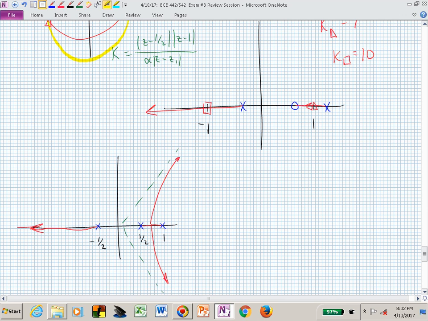And if somebody gave you that sketch, could you now determine, at least diagrammatically, values or locations that might help you determine stability? Is k equal to 0 stable? Yeah, you're on the margin, aren't you?